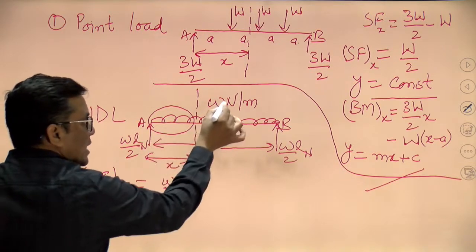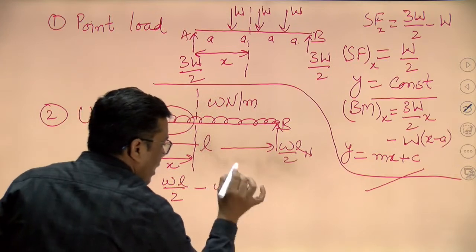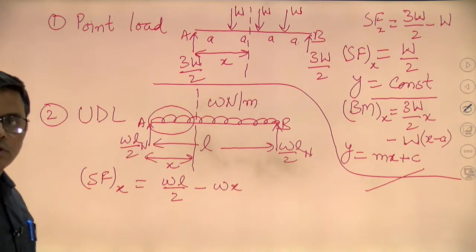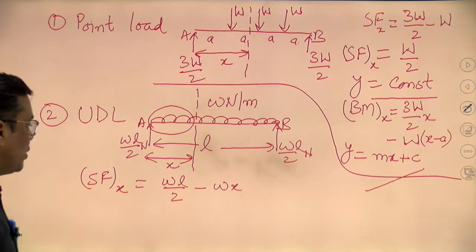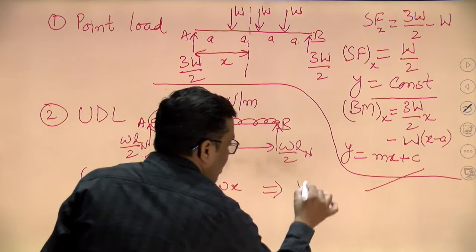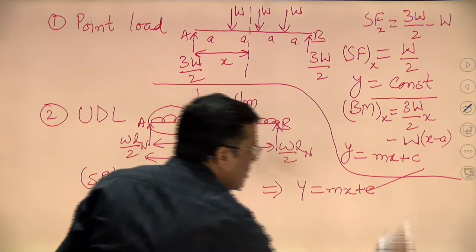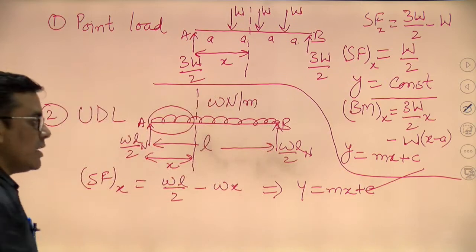It is x. इंटेंसिटी कितनी है? W. On the left side it is downward, so minus W into x. So shear force, if I take it as y, now you can observe the equation is y equal to mx plus c. Inclined line.